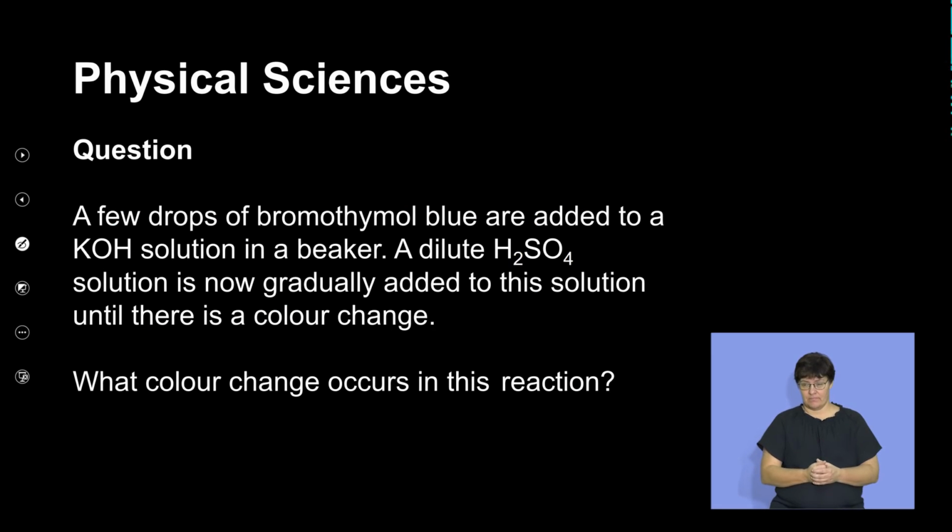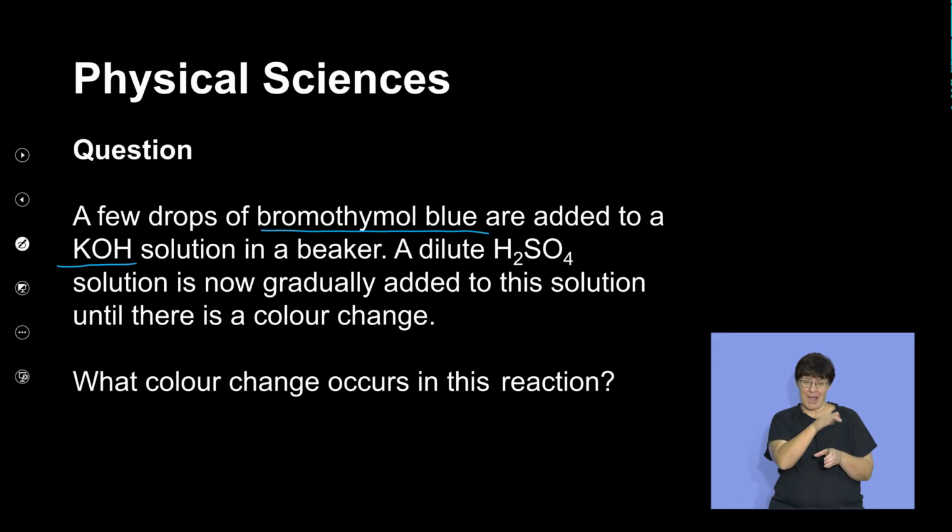Okay, and then it says here, what color change occurs in this reaction? Now, if we talk about a change, we must first recognize that the few drops of bromothymol blue are added to the potassium hydroxide solution in the beaker. So initially we need to ask ourselves, what's the color of bromothymol blue in the presence of a strong base?